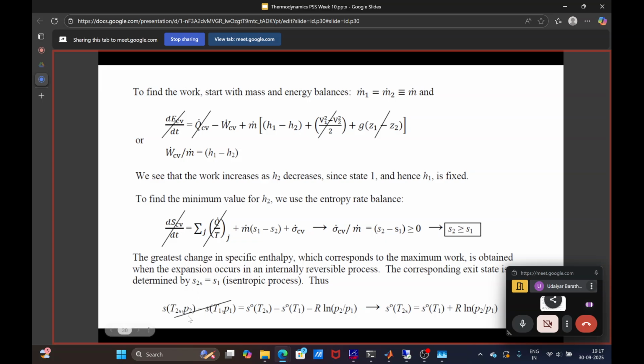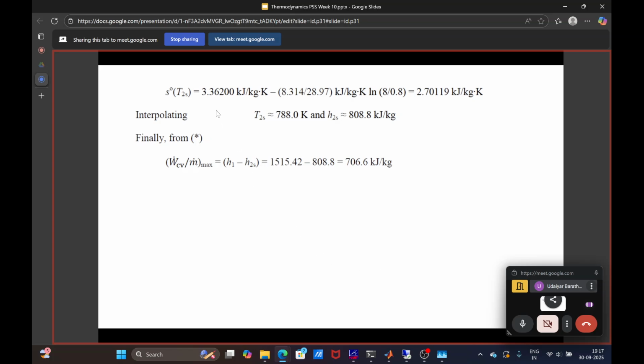So writing that, s2 minus s1 is 0. So we get s0(T2s) minus s0(T1) minus R ln(p2 by p1), and we can find T2s. So s0(T2s) is 2.70119 kilojoule per kg Kelvin.